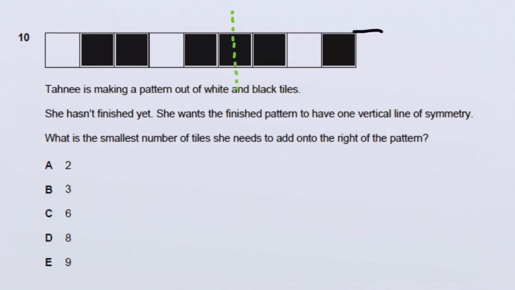So we would need to have a black tile here, and then a white tile to create a vertical line of symmetry. And so if we add two tiles, we can get this vertical line of symmetry across this axis. So we can conclude that Tani would need at least 2 tiles to create a vertical line of symmetry.